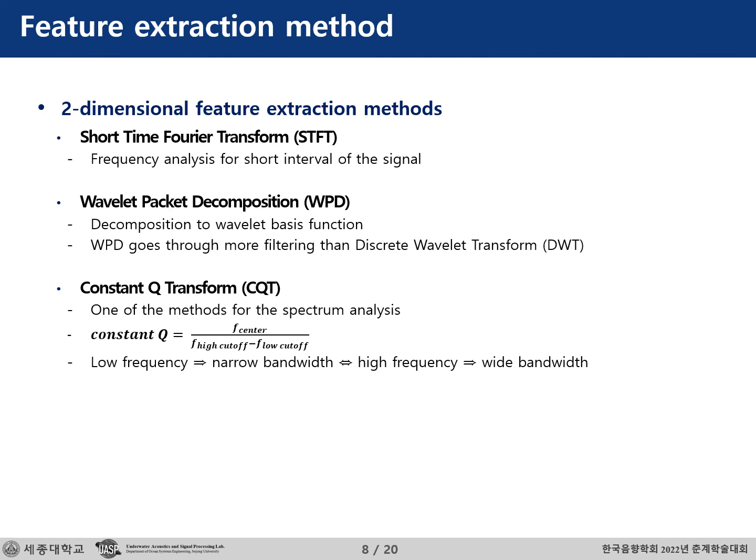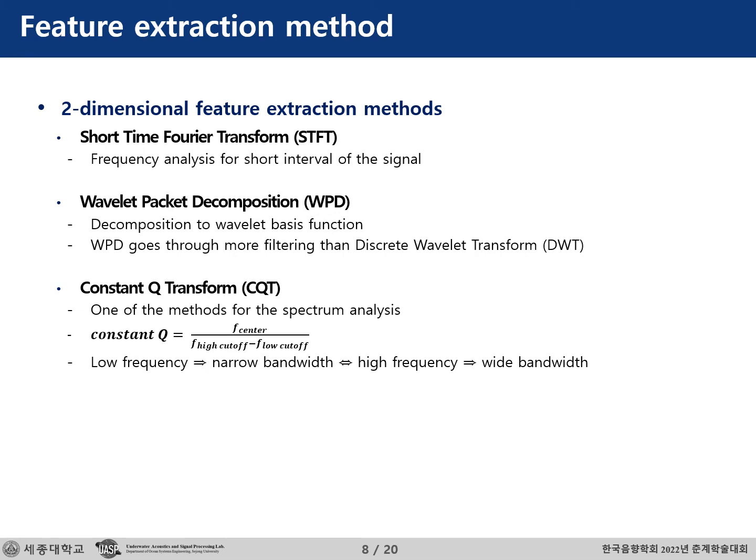Now, these are two-dimensional feature extraction methods. Firstly, short-time Fourier transform. Short-time Fourier transform is the frequency analysis for a short interval of the signal. Secondly, wavelet packet decomposition. WPD is the decomposition of the signal by wavelet basis functions. Similarly, there is a discrete wavelet transform, but WPD goes through more filtering than DWT.